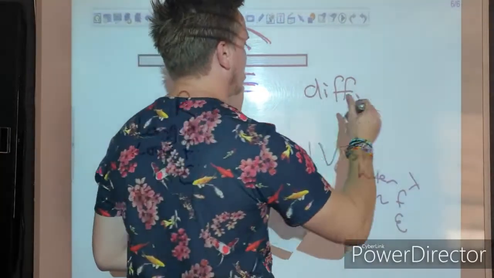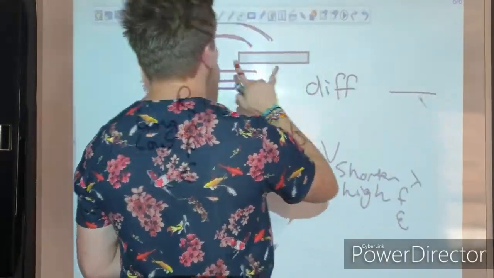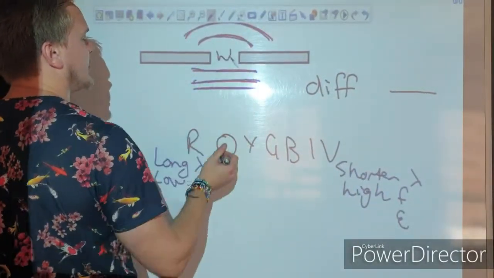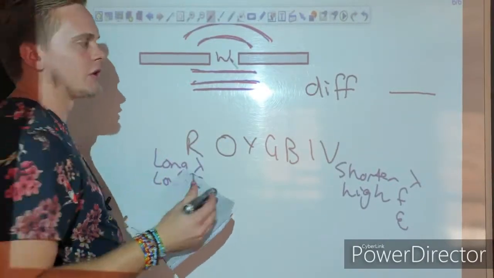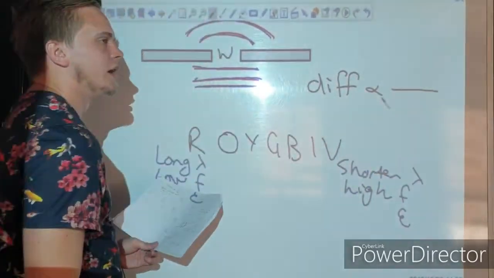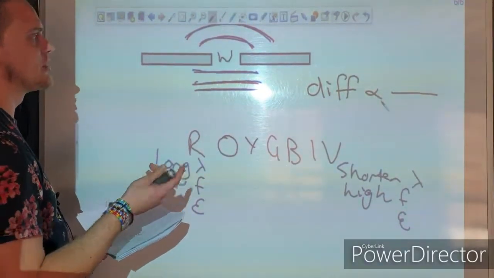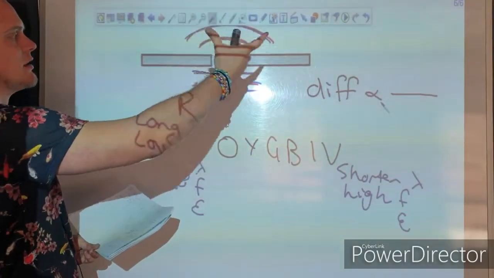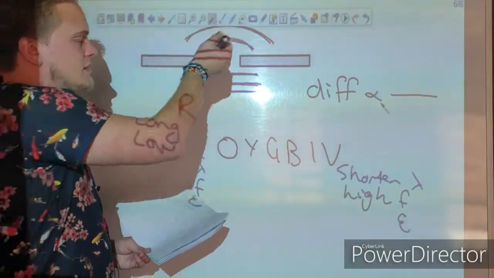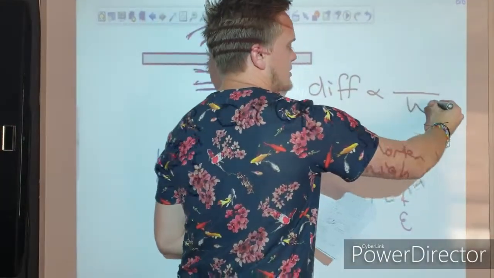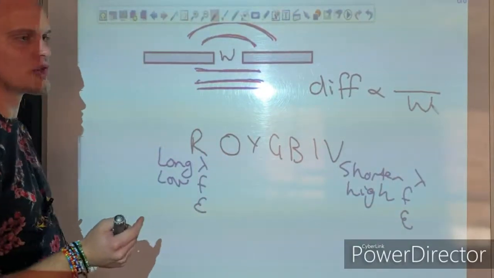If we check the proportionality, the diffraction will increase the smaller the slit's width W is. So that is an inverse proportionality.